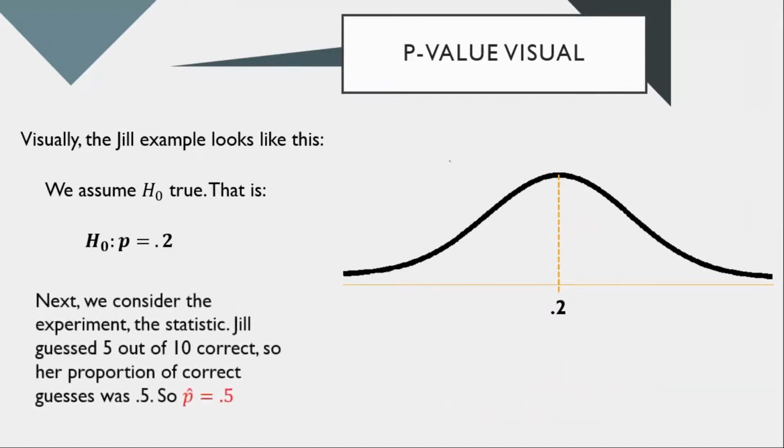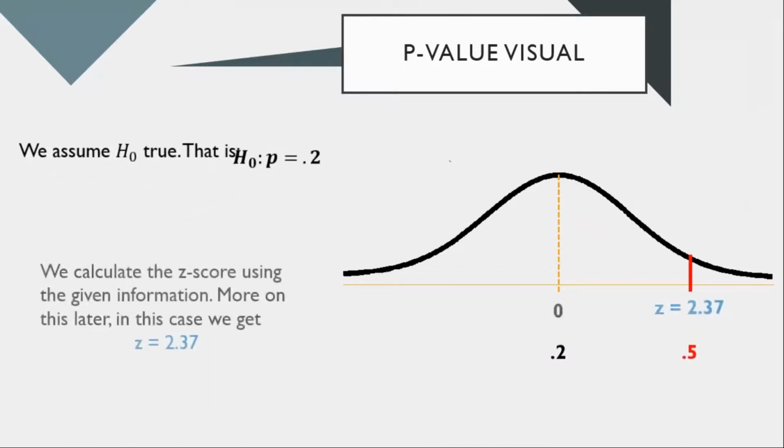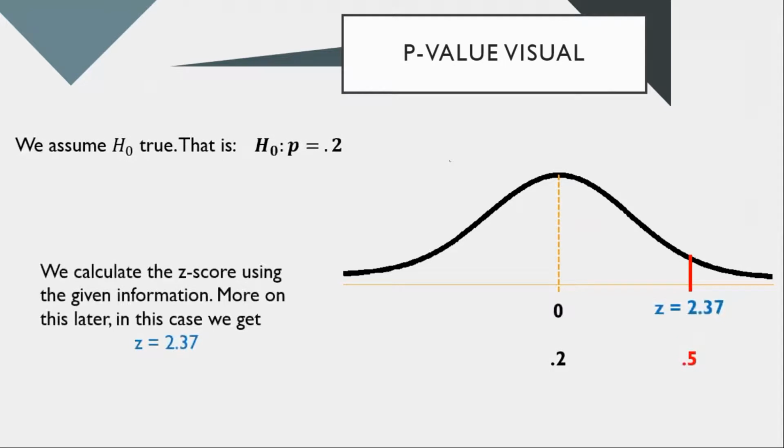So next, we need to layer on top of this what we actually witnessed. In this case, we witnessed her p hat of 50%. We saw her actually guess 50% correct. This has a standard score, a z-score of 2.37. So 2.37 standard deviations above average.